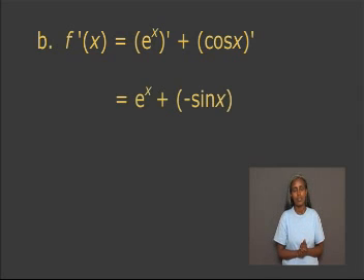The second function is simpler for us to solve. The derivative of e to the power of x is e to the power of x. It is its own derivative. The derivative of cosine of x equals the negative sine of x.